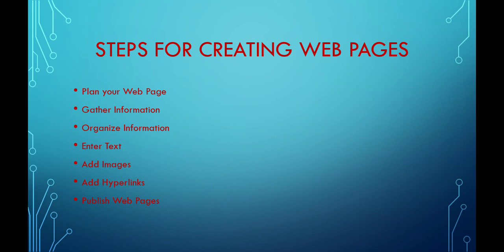Then add hyperlinks. If you want to get some information from another website, then use hyperlinks. Or if you have stored some documents which you want to share with others through your website, then you have to hyperlink them, so that when someone clicks on that hyperlink, it will get active.